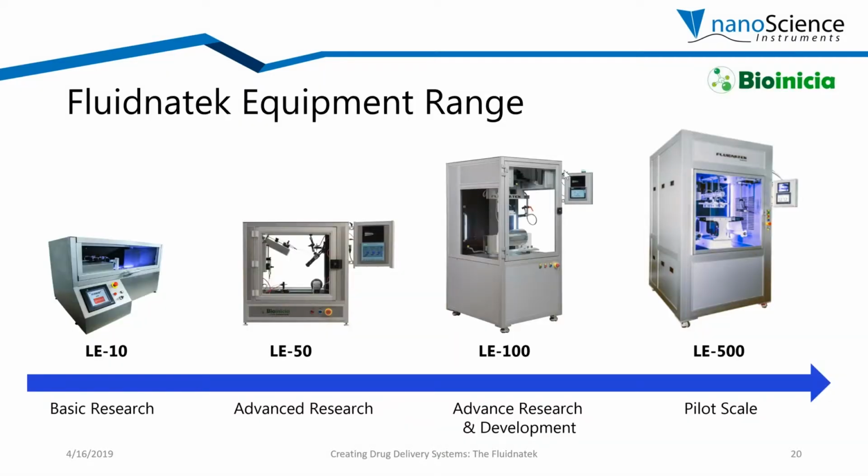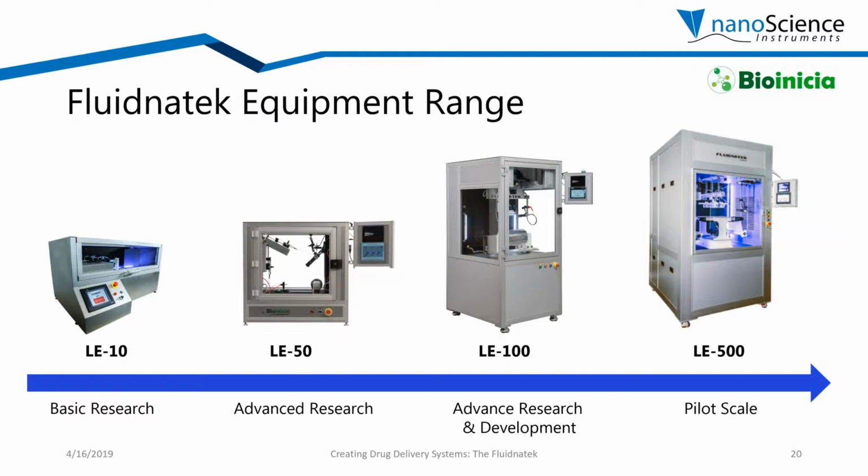So to introduce everybody to our electrospinning machine, we have 4 different units that are made by BioNisha. Us, NanoScience Instrument, are the exclusive distributor of the Fluidnatek equipment in the United States. The LE10, which is a benchtop unit, is mainly used for basic research and proof of concept.